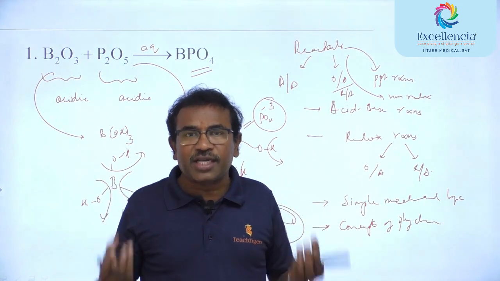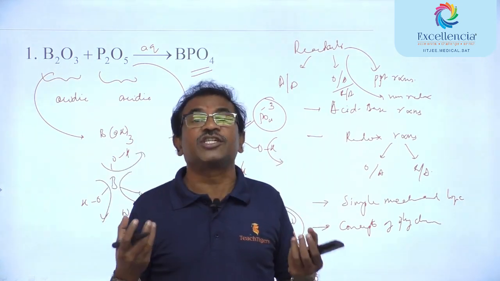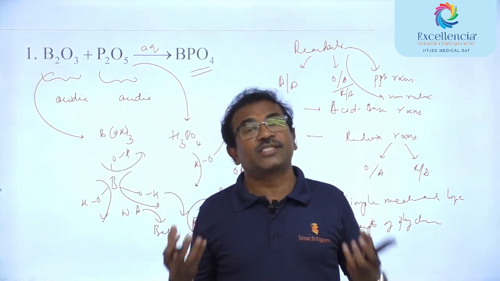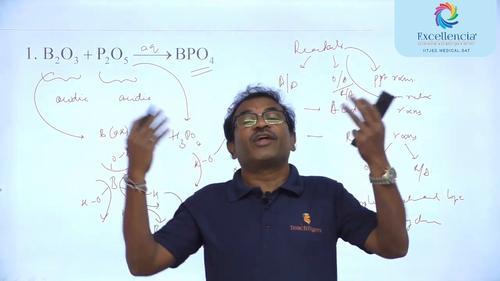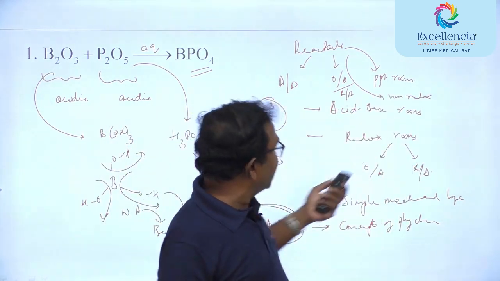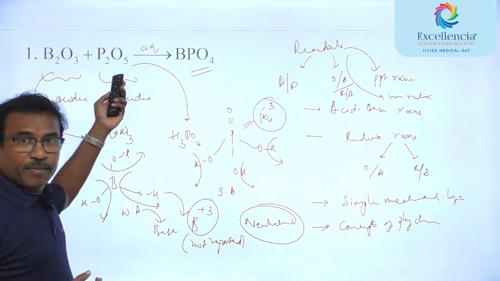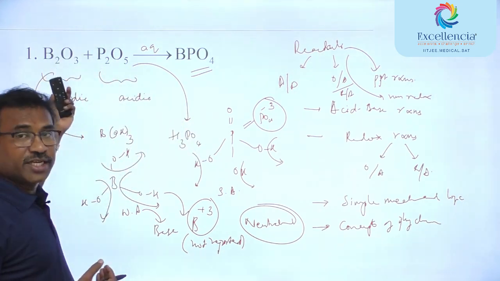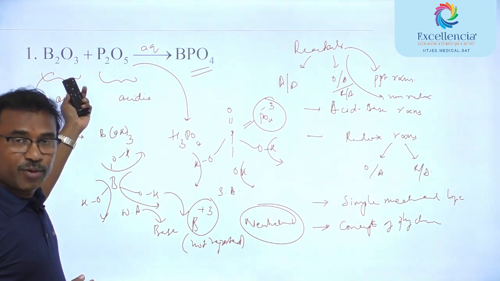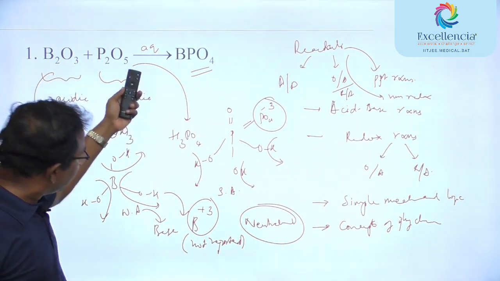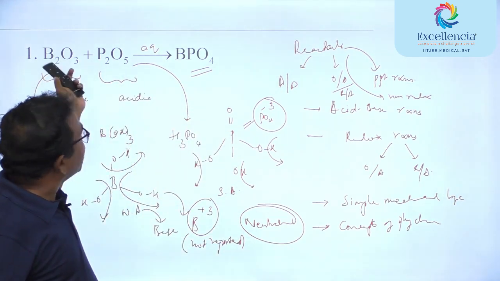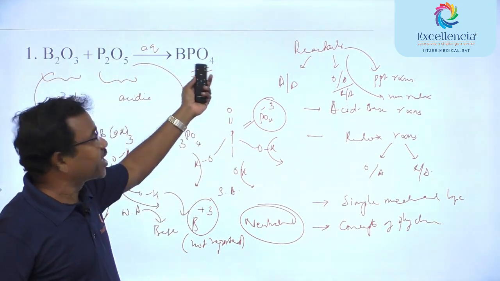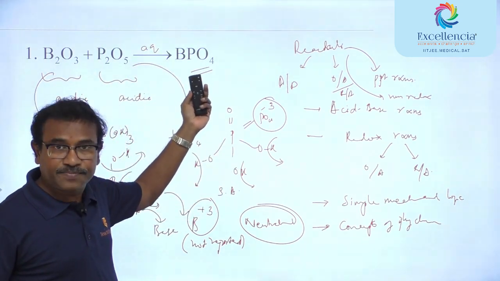So first we need to understand the nature of the reactants, which will give us a fair idea what kind of reaction is going to happen. Here both are acids, but the stronger acid is phosphoric acid and the weaker acid is boric acid. That made us decide that a neutralization reaction should happen and the product is this. That's how we explain this.